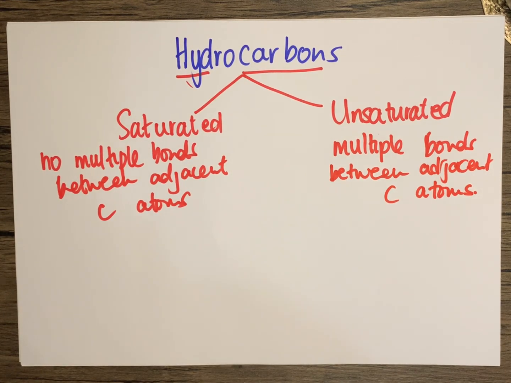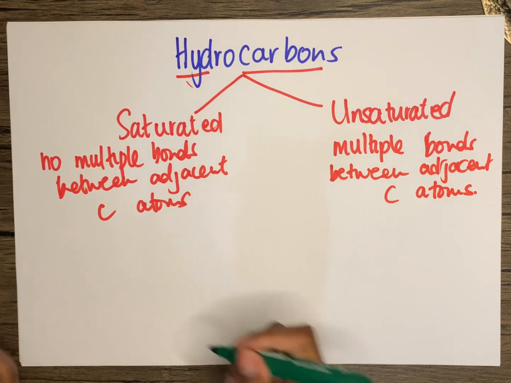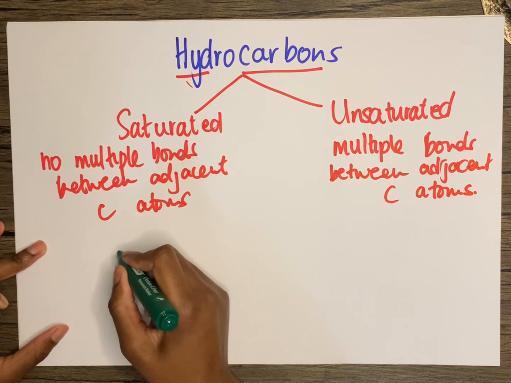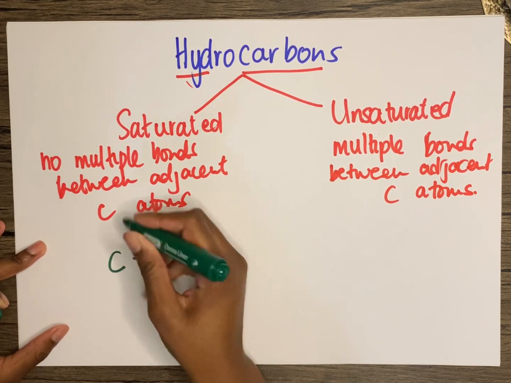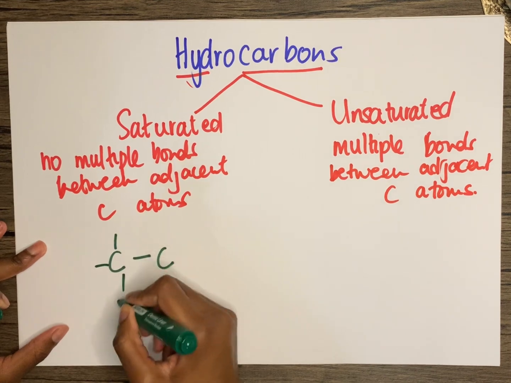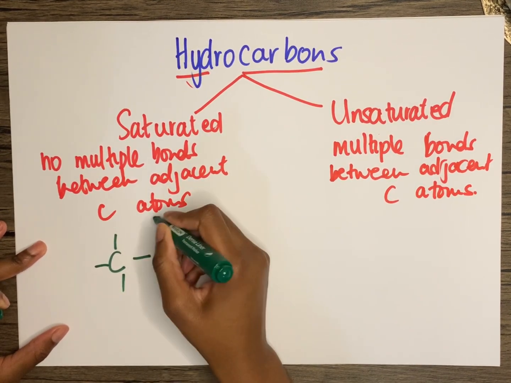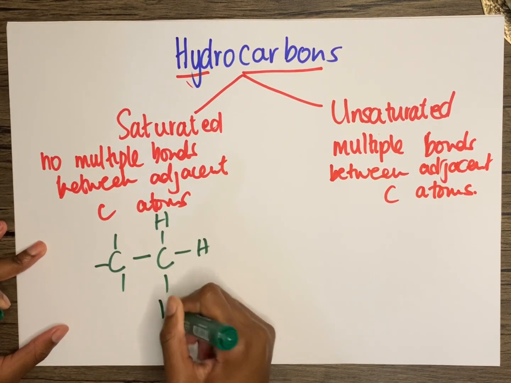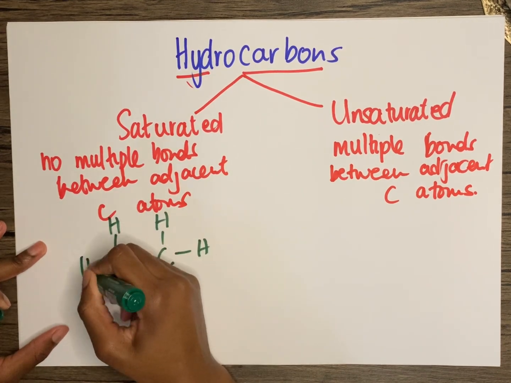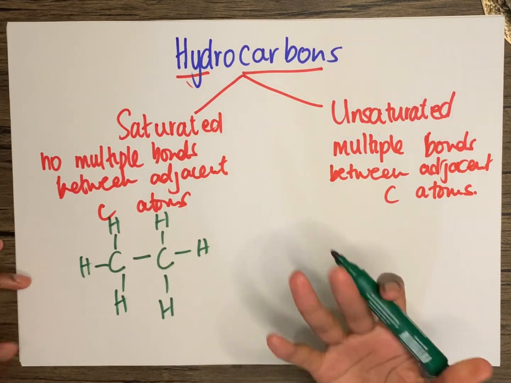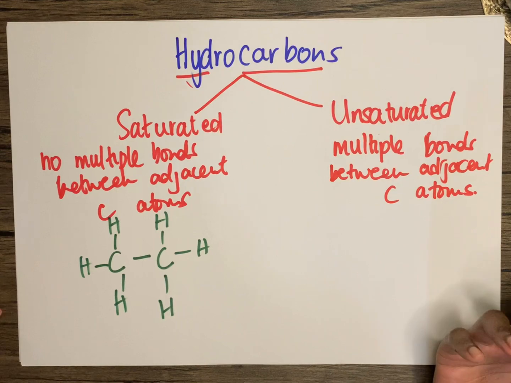My example had 2 carbons. An example of a saturated hydrocarbon would be something like this, right? There are only single bonds between the 2 adjacent carbon atoms.